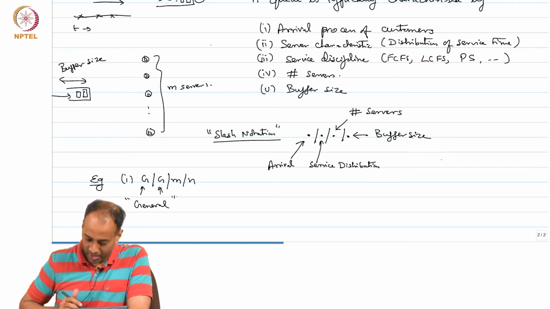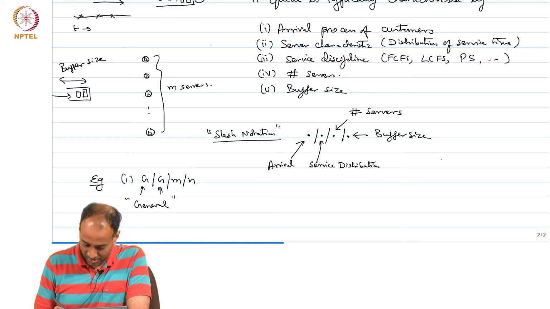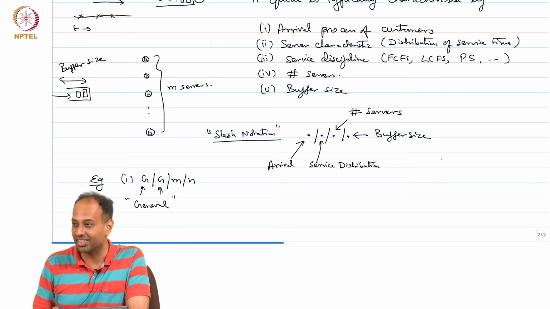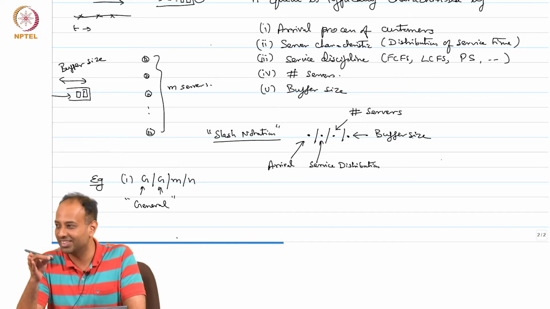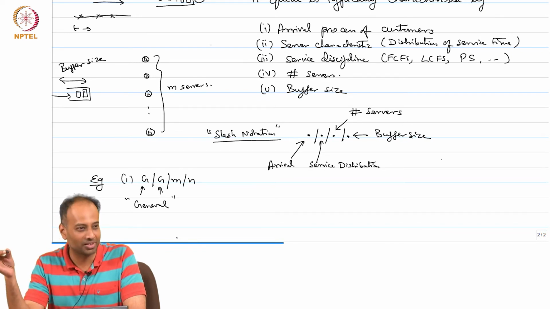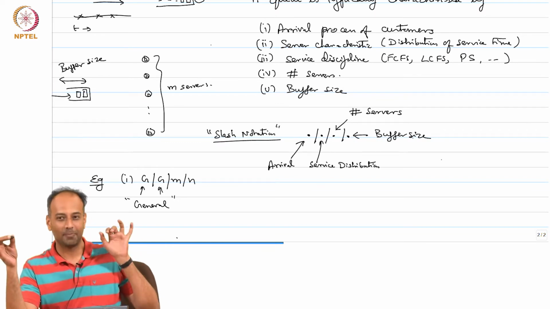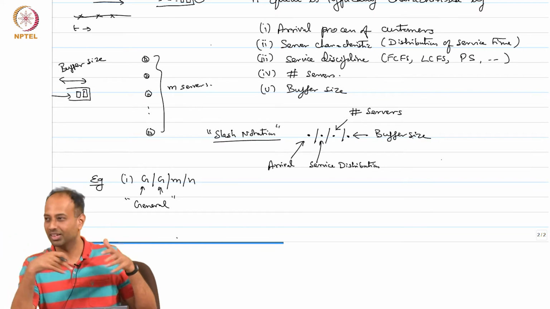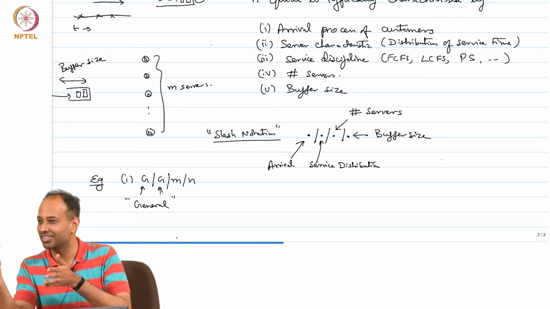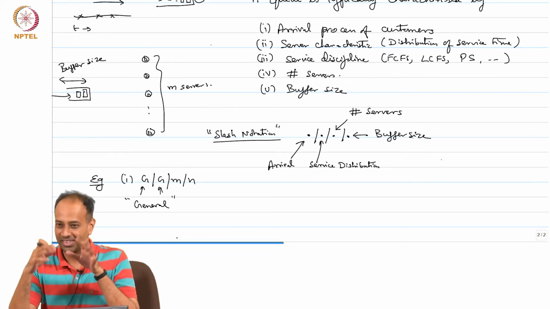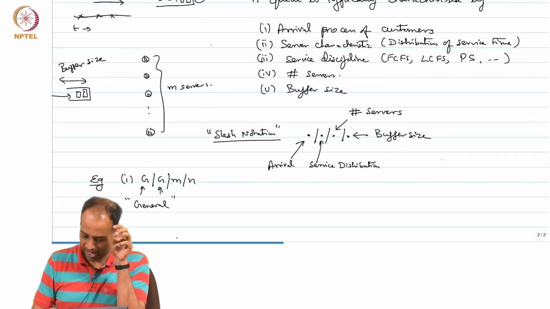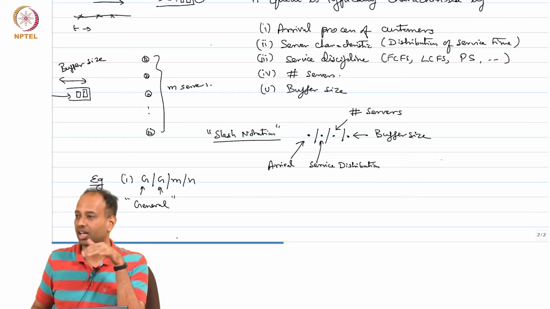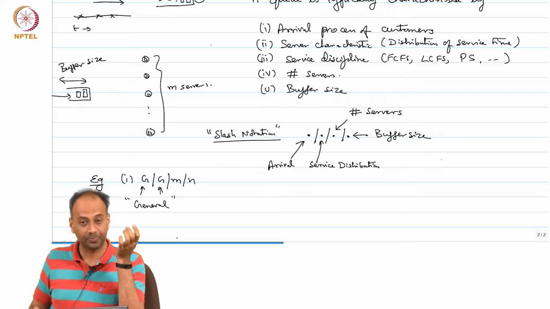Now, one potential scope for confusion is there are 2 G's here, right. Those 2 G's may not be the same. So, the arrival statistics and service statistics could be different. Just because I say G/G/1 does not mean that the inter-arrival times have the same statistics as the service time, no, right. G just means general, and these 2 G's could be different, and of course, M servers and N is the buffer size, right.